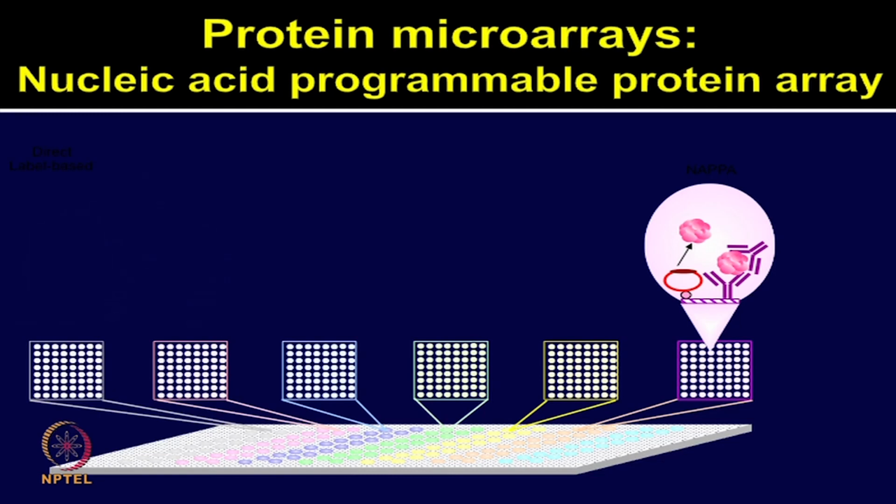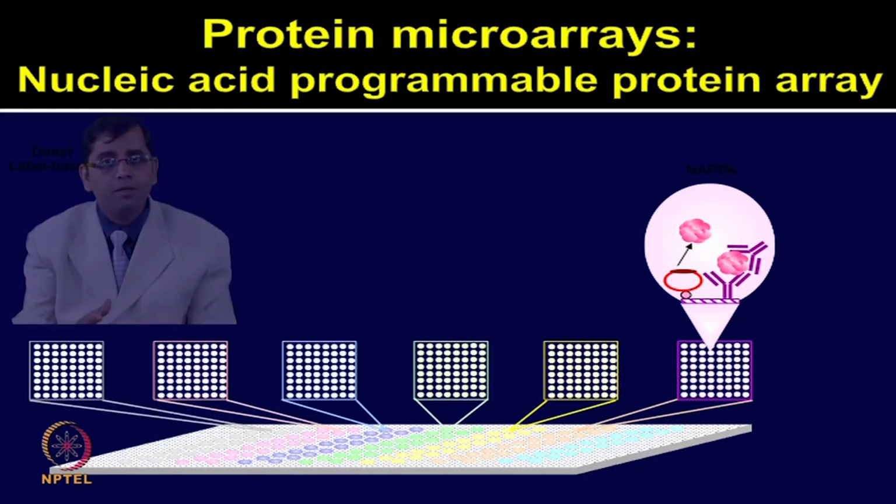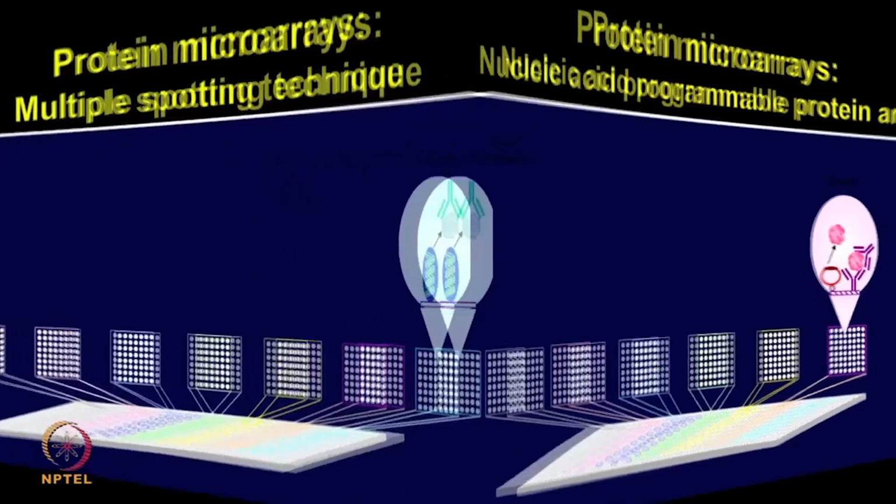Along with that, a capture antibody, which is anti-GST antibody, was also printed. Protein after expression by using a cell-free expression system can be captured with the capture antibody.